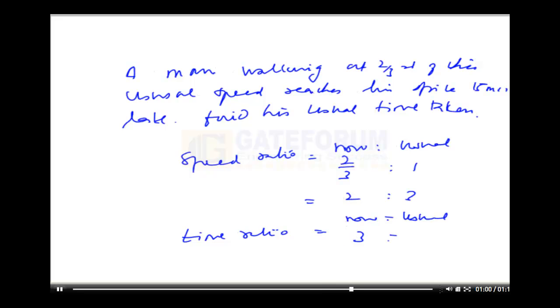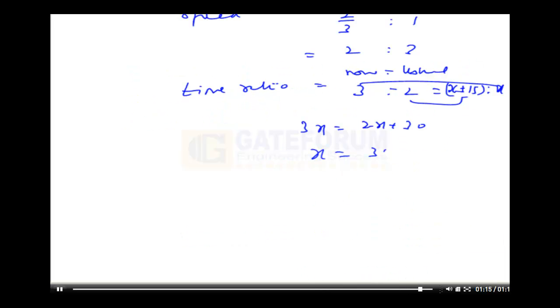It will be 3:2. So now is taking how much longer? 15 minutes. x plus 15 is 3x over 2, using the product of extremes and means. So 3x is equal to 2x plus 30, or x, the usual time, is 30 minutes. Now the concept of relative speed will be seen.